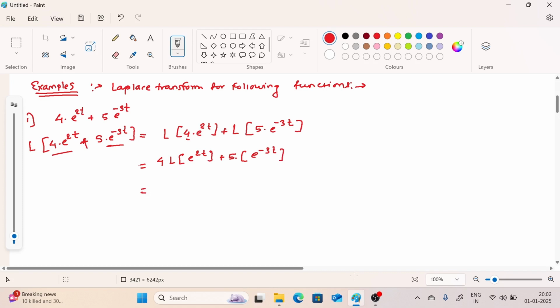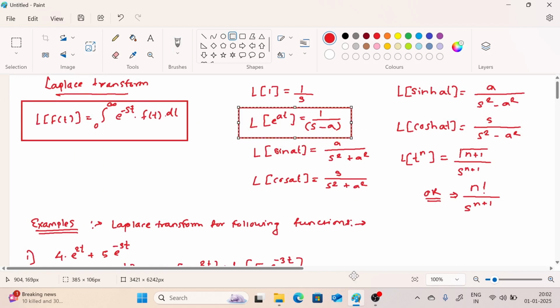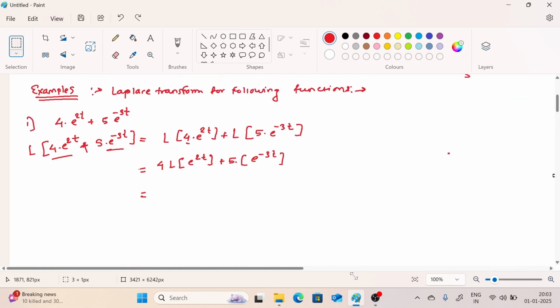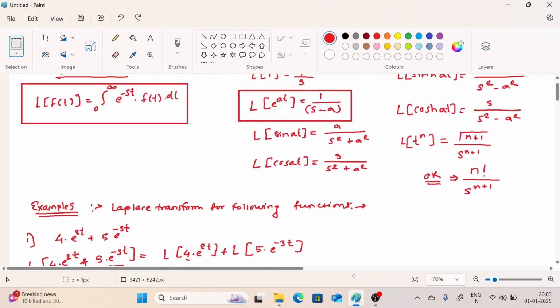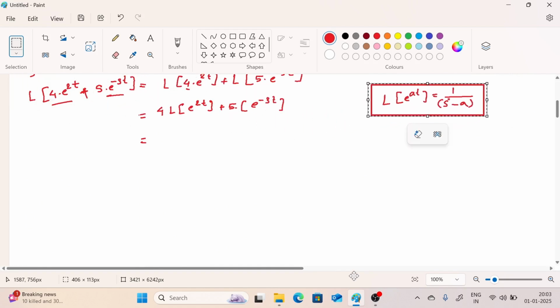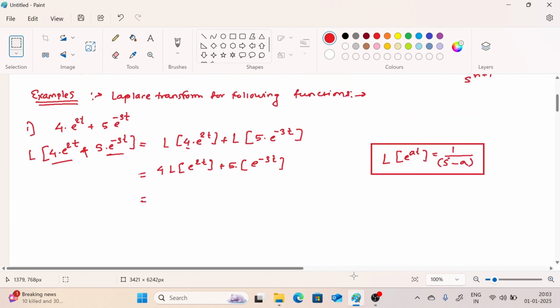Now what we have? We have the formula Laplace of e raised to at is equal to 1 upon s minus a.